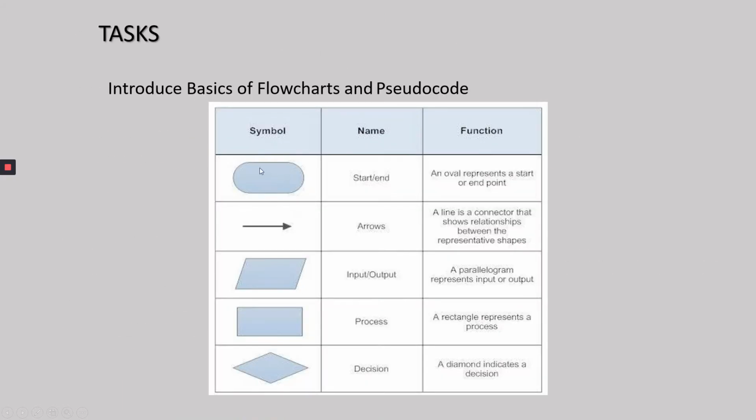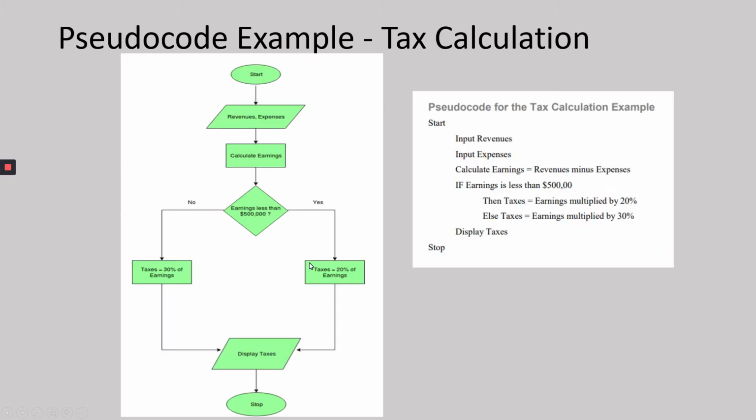So the first symbol is the oval, which means to start a flowchart, we always need to start with an oval symbol and end with an oval symbol. The next one is arrows. You can see right here, we connect different symbols with arrows. This is basically just connectors between different objects.